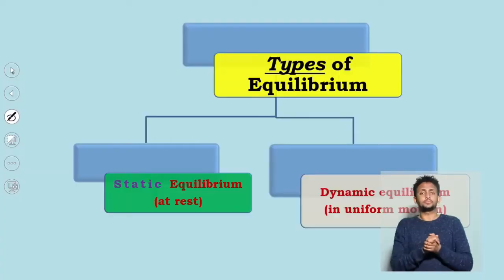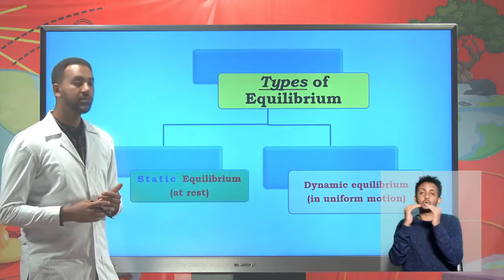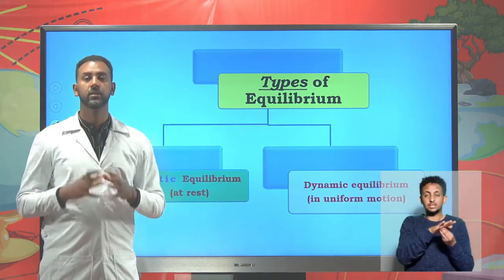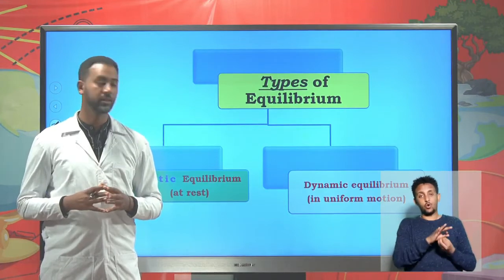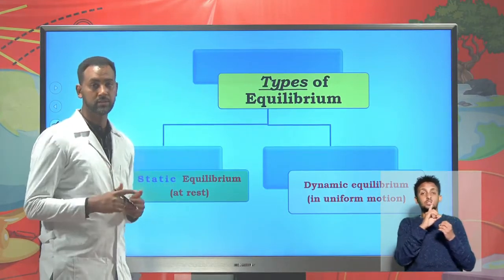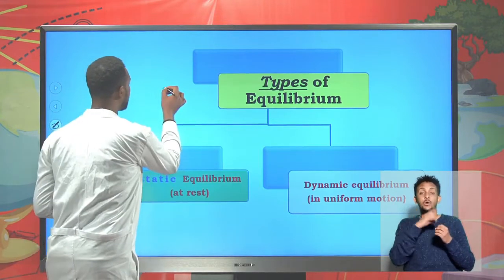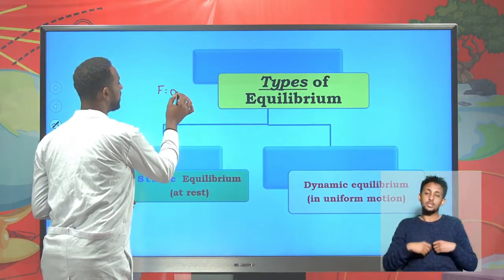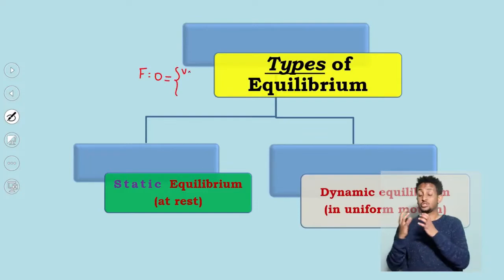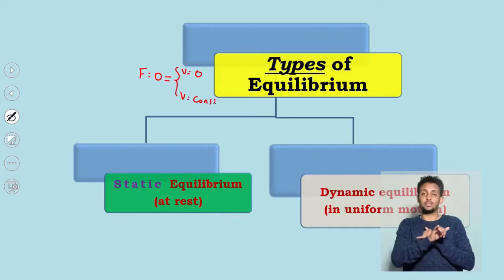There are basically two types of equilibrium that we are going to deal with, and these are static equilibrium and dynamic equilibrium. Static equilibrium is equilibrium of a given stationary body. From your dynamics concepts in unit 4, the net force on a given object is 0 if and only if the object is at rest or is in motion with constant velocity.